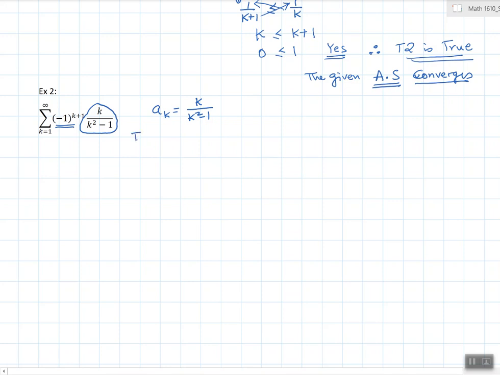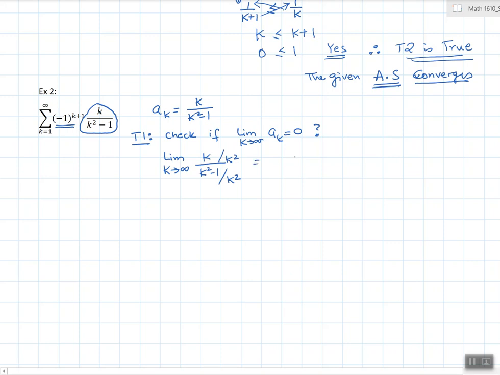So test 1. Check if the limit as k goes to infinity of a_k is 0. Is it? Well, let's take the limit. So how do we check? Well, we divide numerator and denominator by k squared.